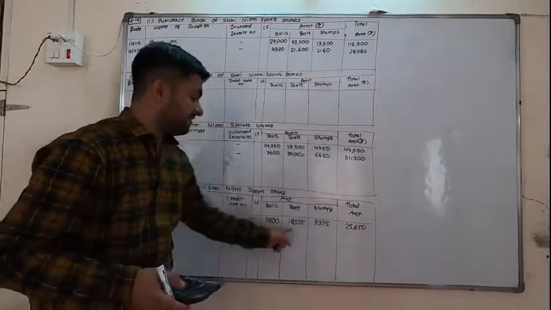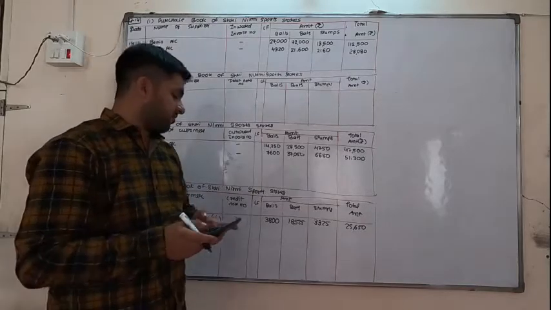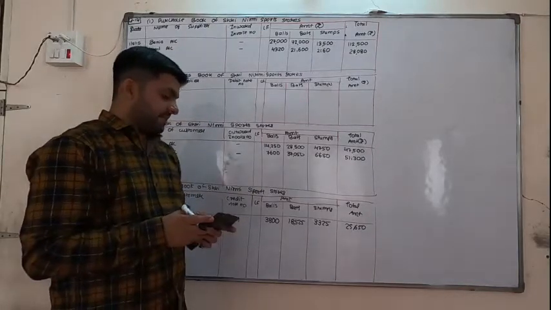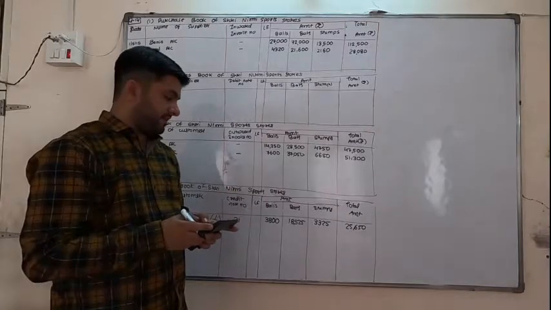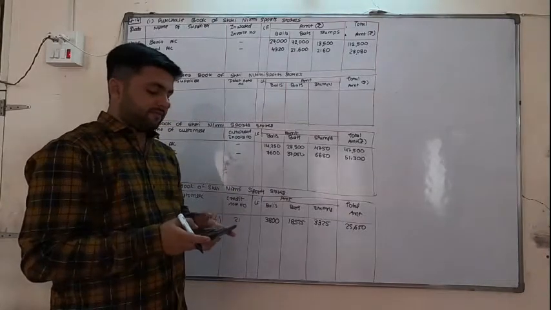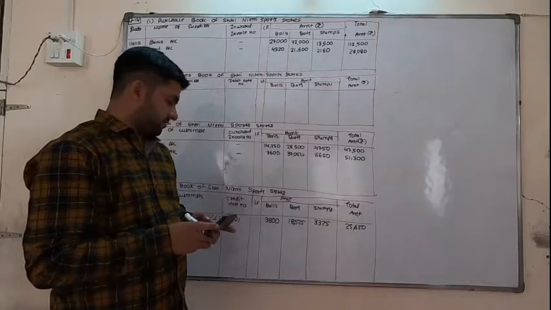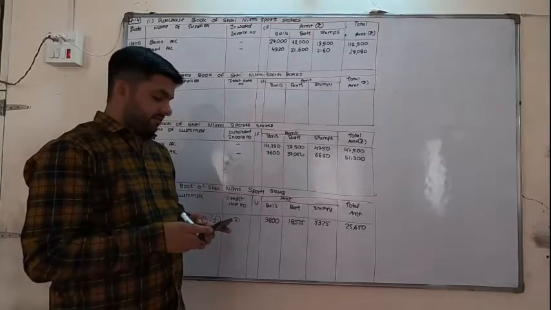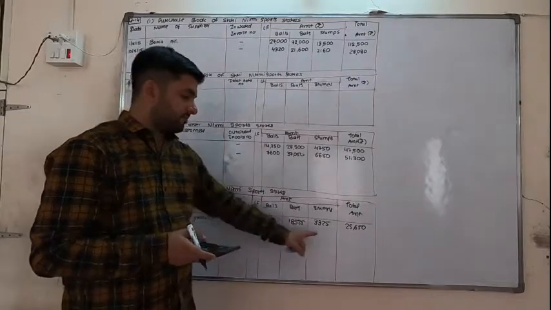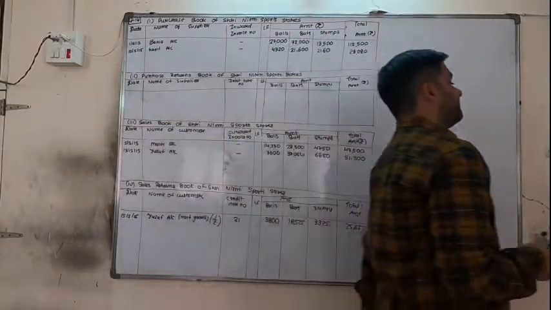Now let's check that this total is 25,650 or not. 3,800, 18,525, 3,325. So it is 25,650. Okay.